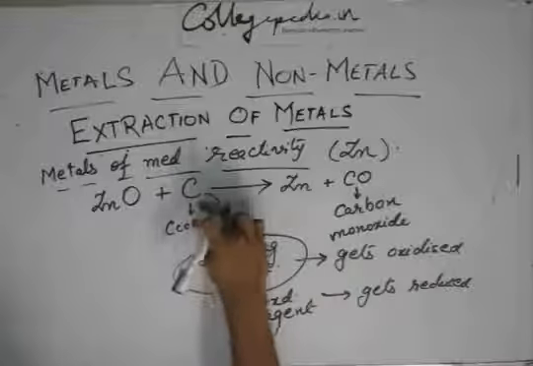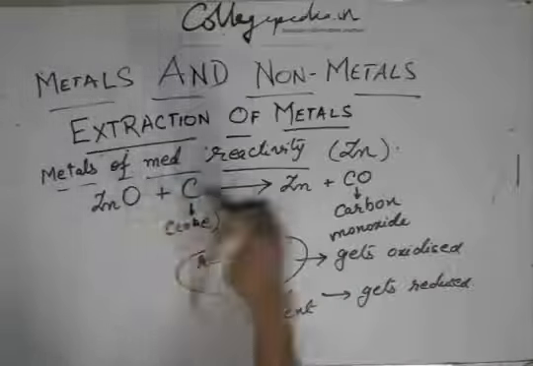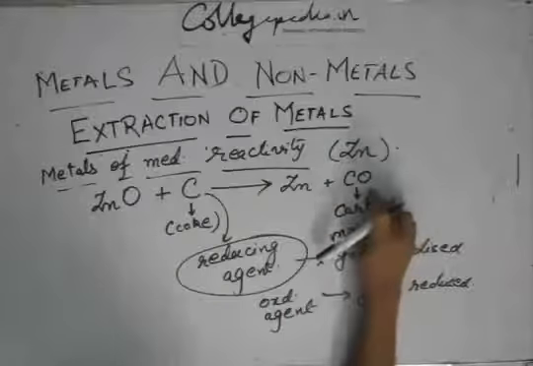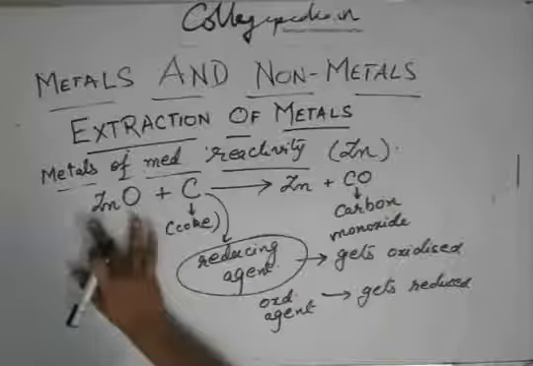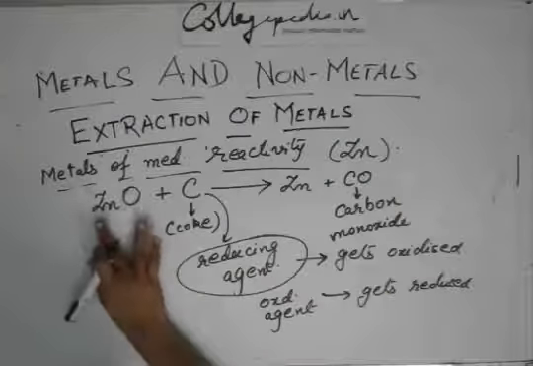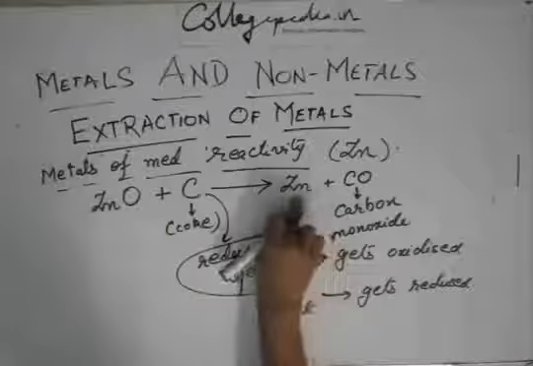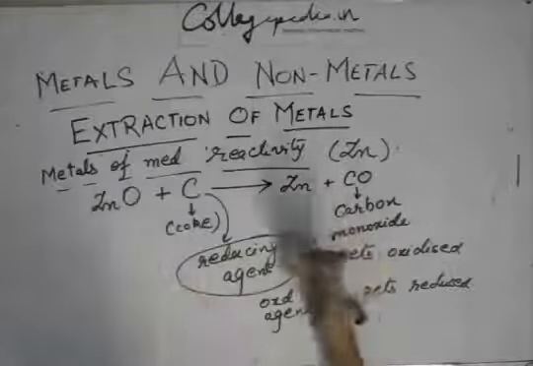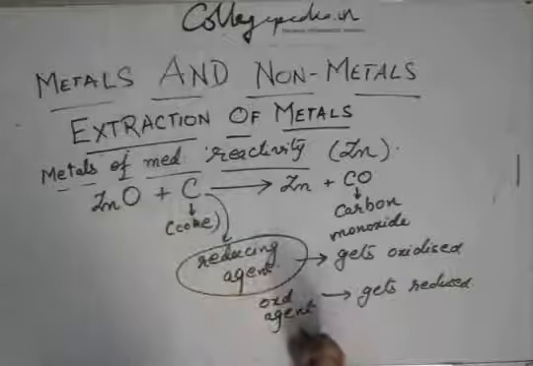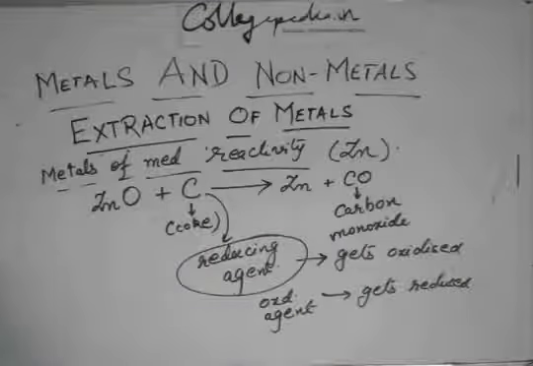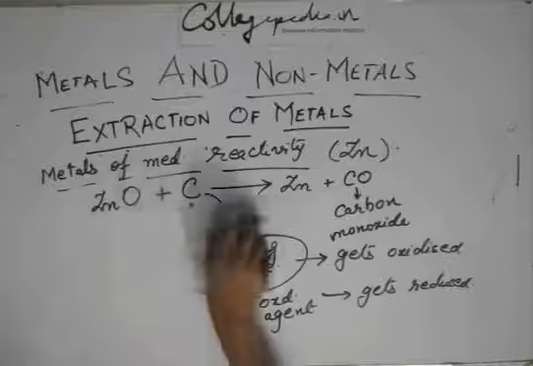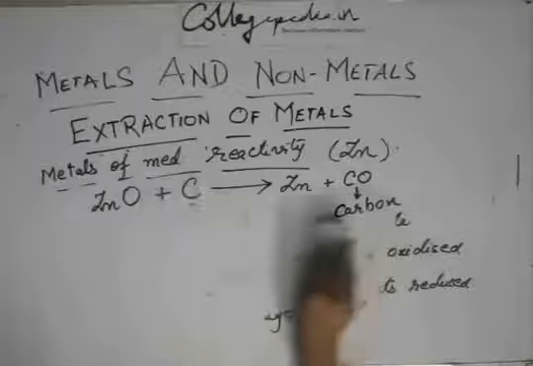See, carbon is the reducing agent, but it gets oxidized to carbon monoxide. ZnO here is the oxidizing agent because it gets reduced to zinc. It donates its oxygen to carbon, and carbon takes away this oxygen. So this technique is used.